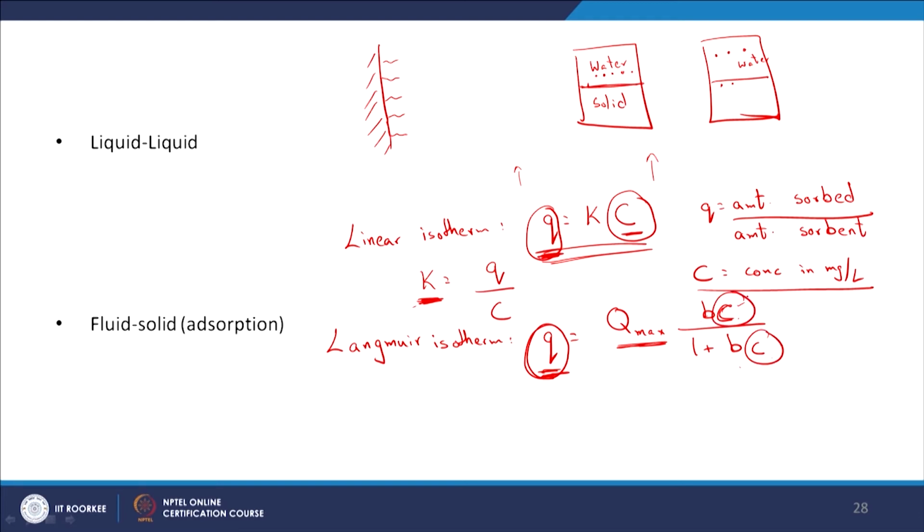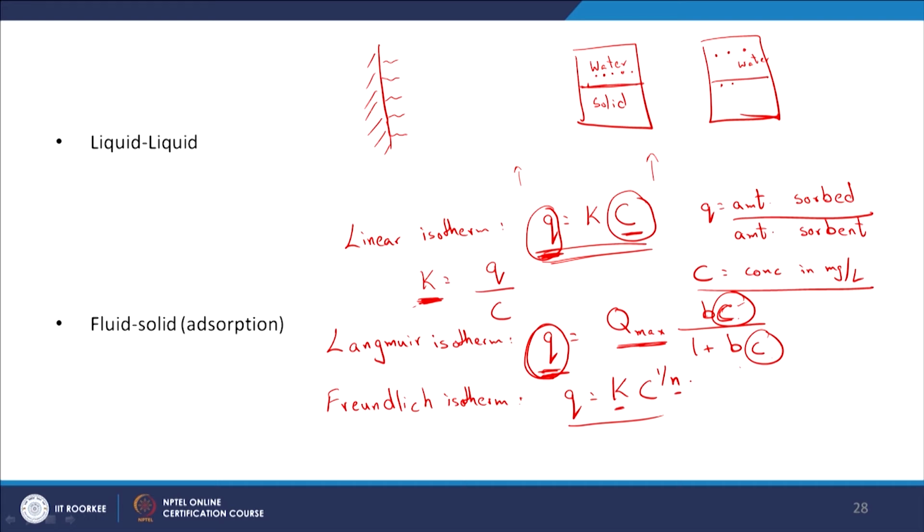Another isotherm widely used is the Freundlich. I believe this is applicable usually for activated carbon, Q equal to K C to the power 1 by N, and again these are all empirical models based on which you can calculate the K and N values.